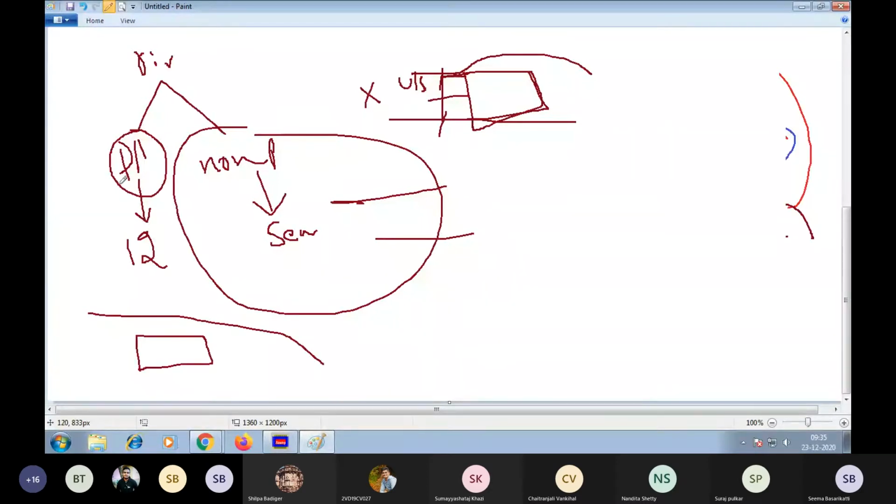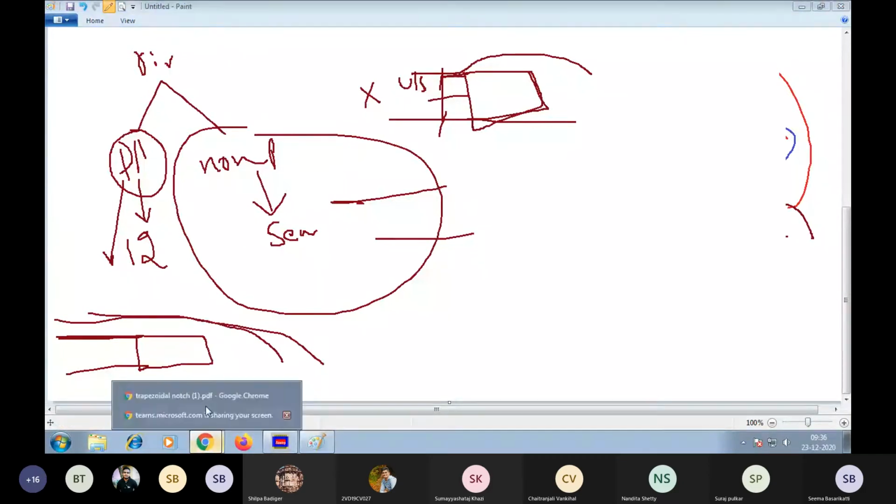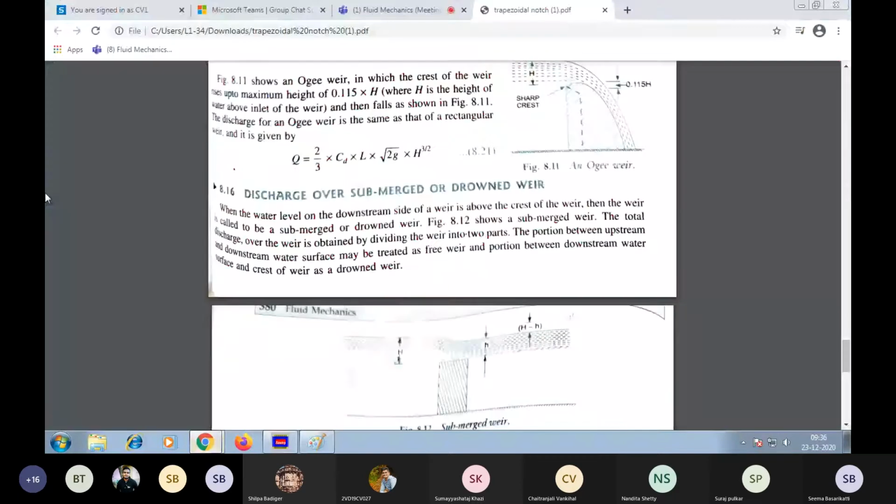So in a perennial river, if the water is of less quantity, it may coincide with the crest. If it is continuously flowing, it may overflow. This is the example for perennial and non-perennial. Now we are going to derive the equation for a submerged weir.